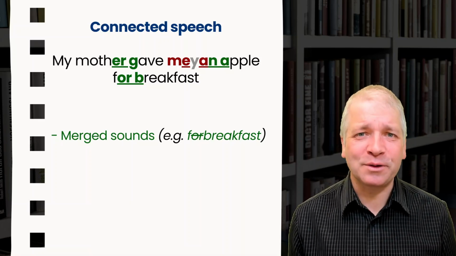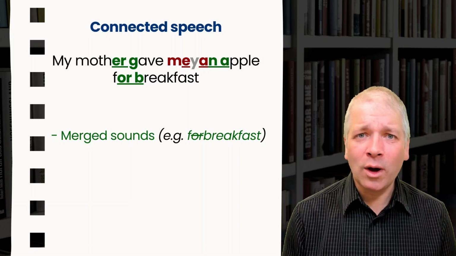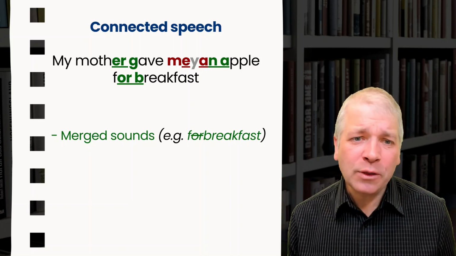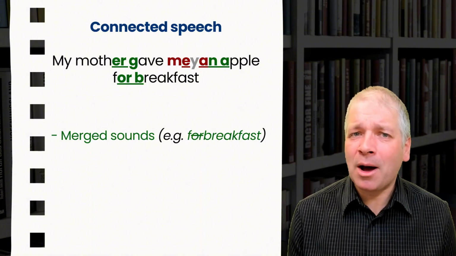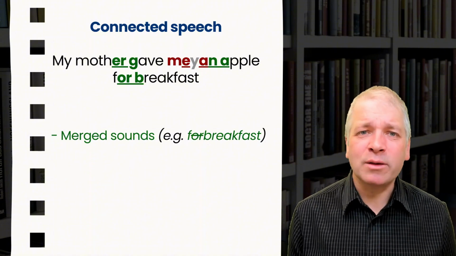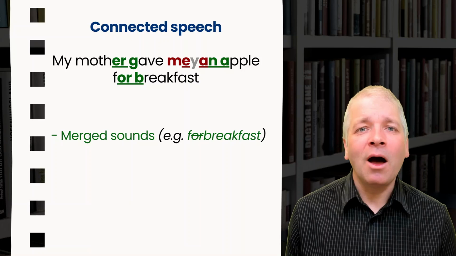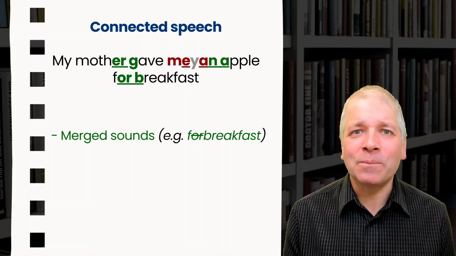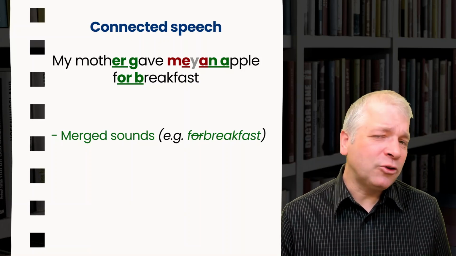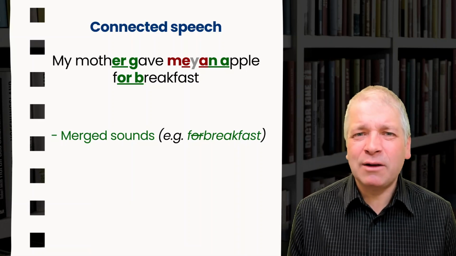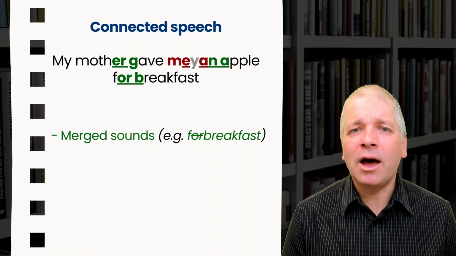For breakfast. So it's like all one word. I do that in other places too. Instead of saying my mother gave, I say mother gave. I join mother and gave together. And also between an and apple. Instead of saying an apple, I say an apple.